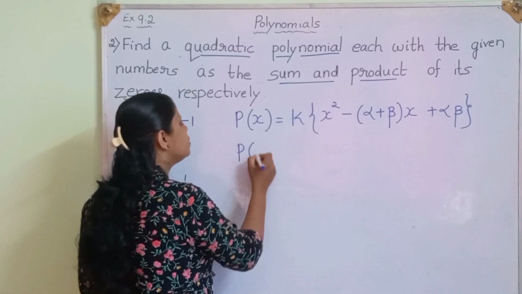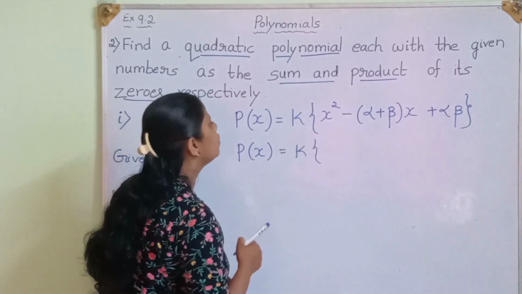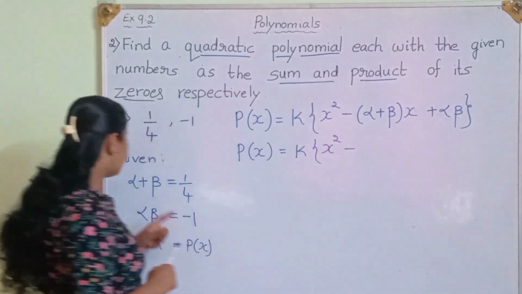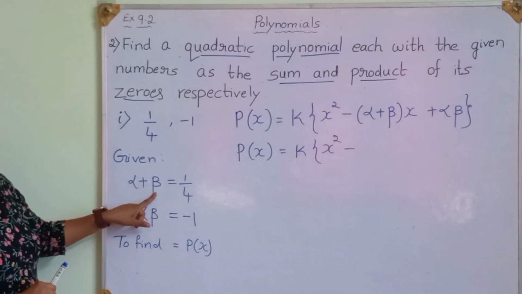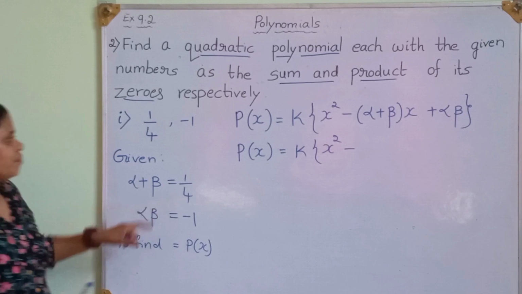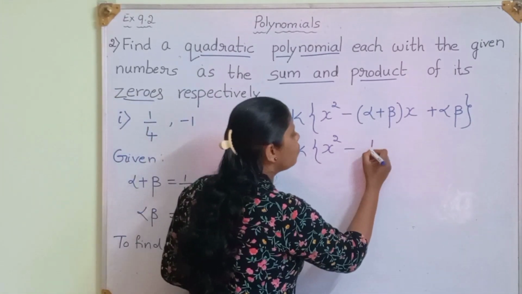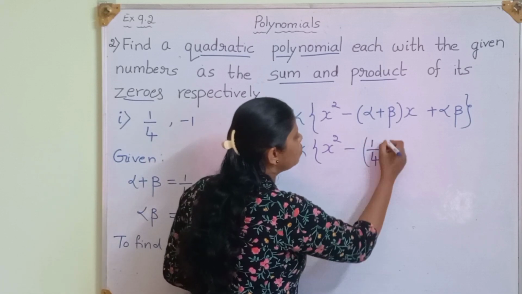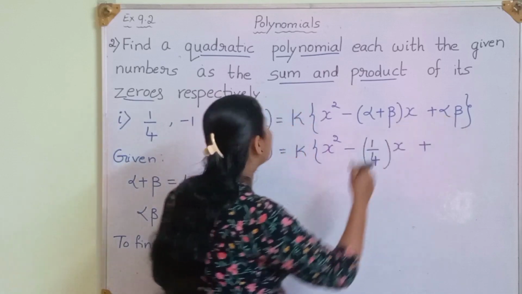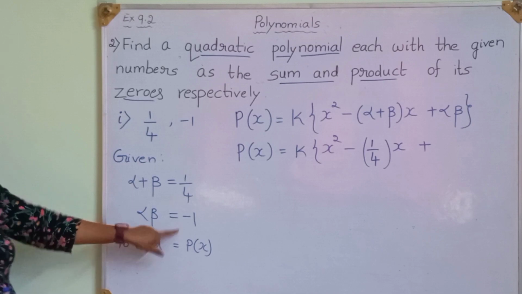Then p of x is equal to k into x square minus, they have given the value of alpha plus beta, that is sum of the zeros, is 1 by 4. Therefore, in the place of alpha plus beta, I will write 1 by 4 into x, plus alpha into beta, that is product of its zeros, is minus 1.